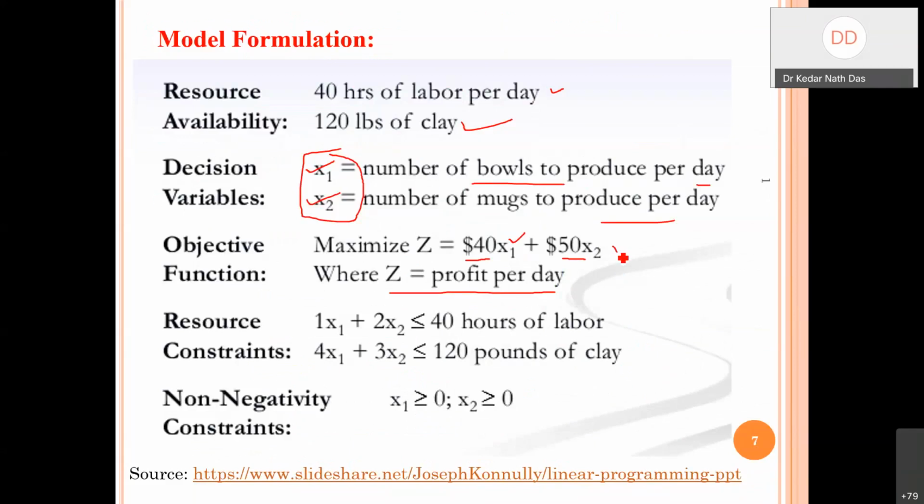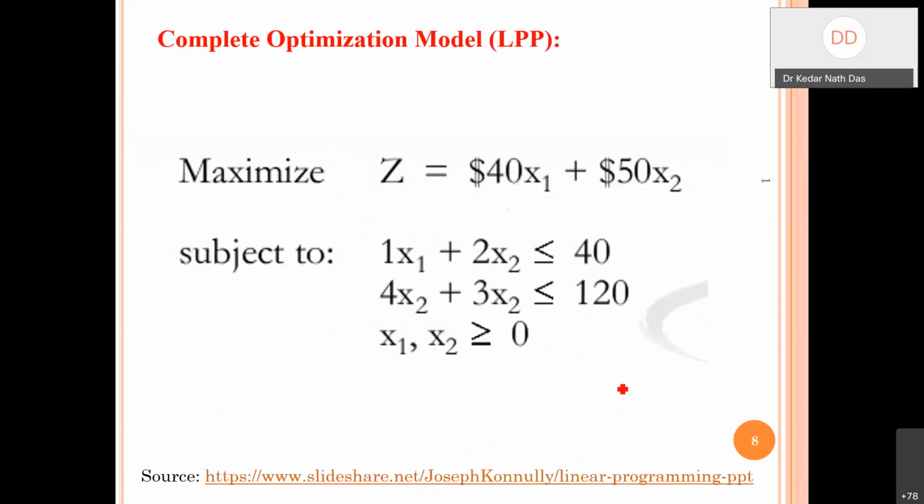This is the objective function, these are the constraints, and x1, x2 cannot be negative, of course, because the number of clays, number of labors, or the hours required for the labors cannot be negative. That's why they are non-negativity conditions. All these three combined together give you the structure of the optimization problem. So that is the modeling.